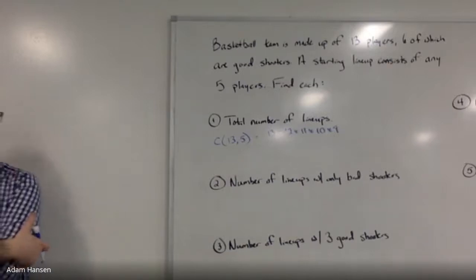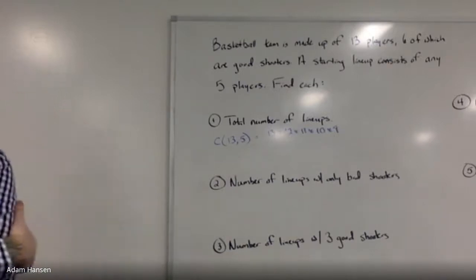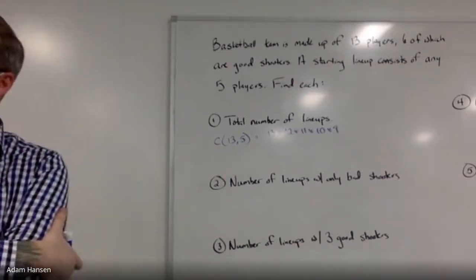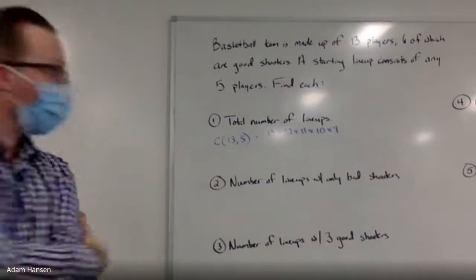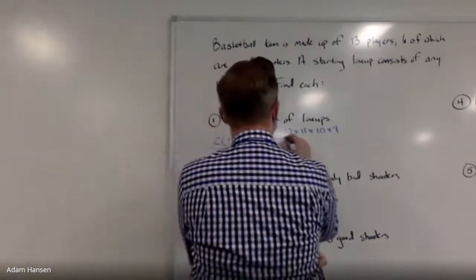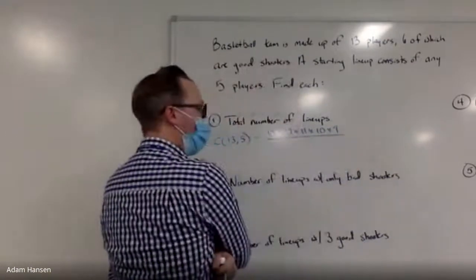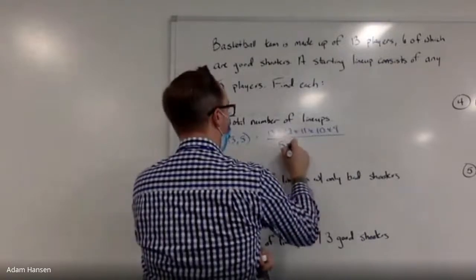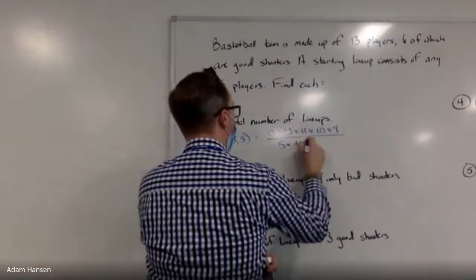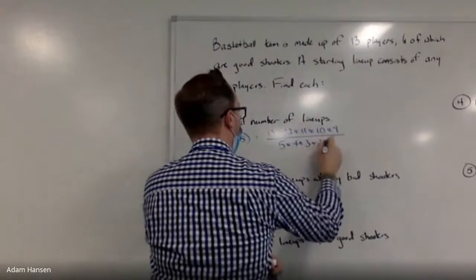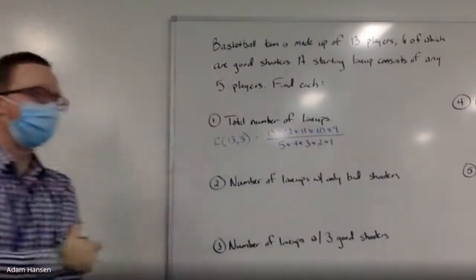It's counting lineups that involve the same 5 players more than once. So I need to divide out all those repeated lineups, right? So let's divide that permutation by all the different ways to rearrange the same 5 players that I was double counting, or counting more than once.